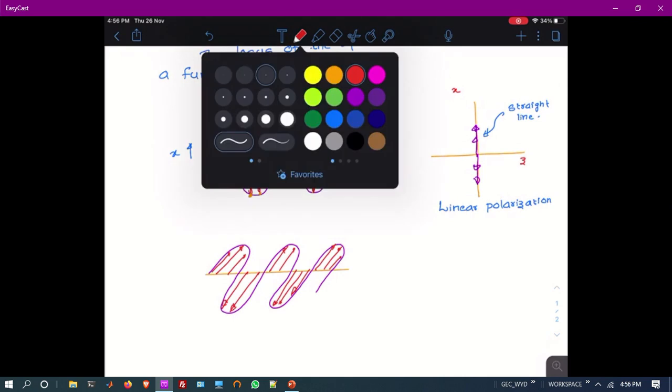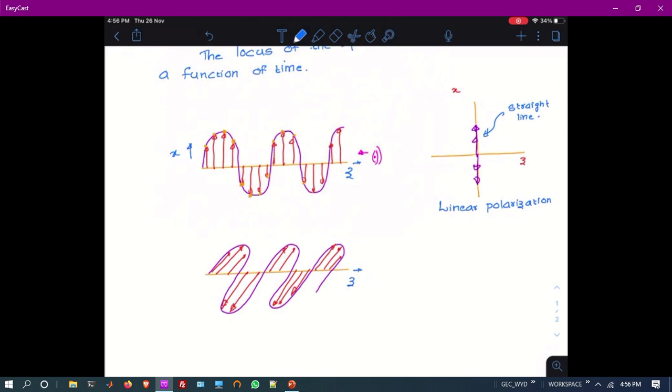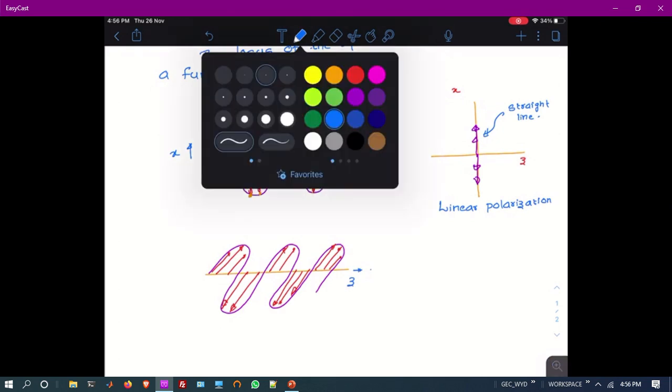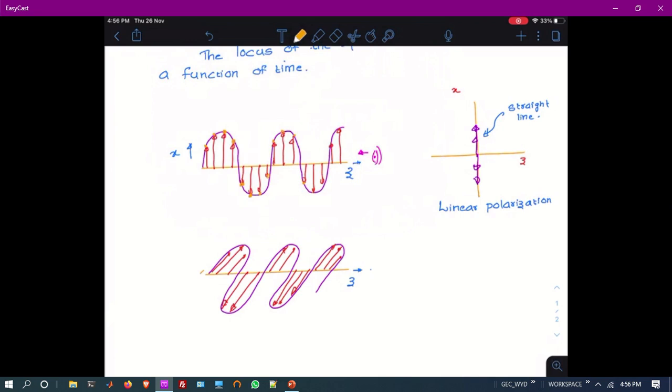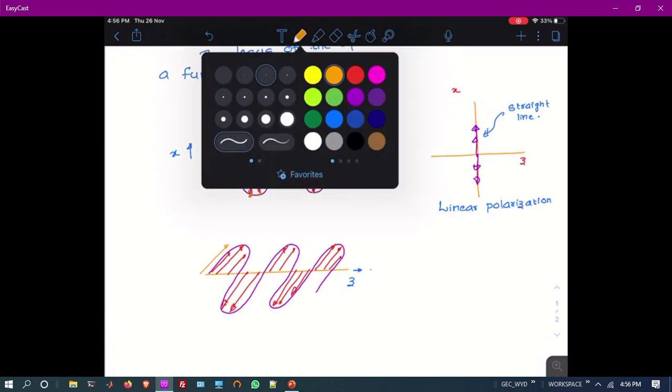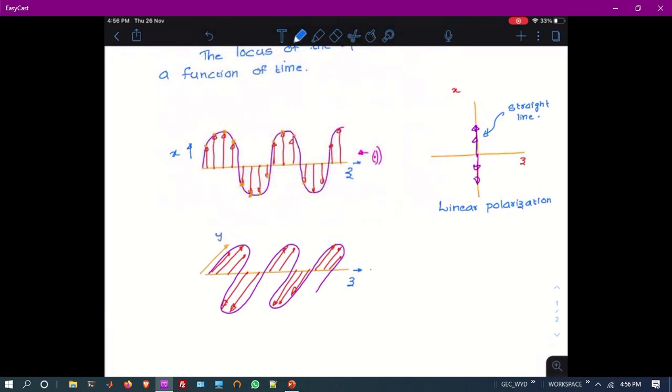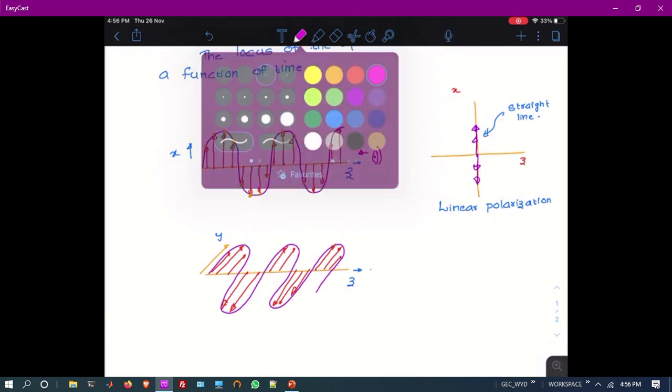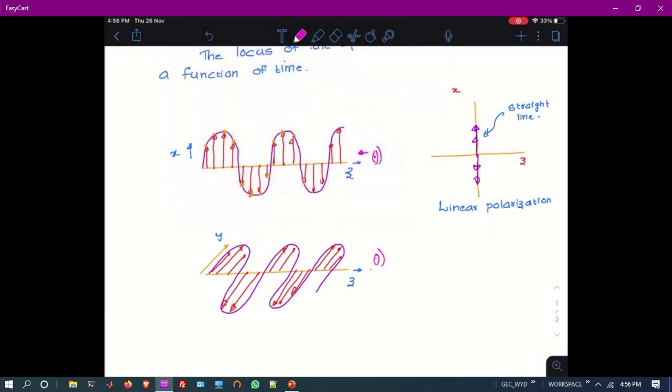Okay, and the direction now is, this is Z, the wave is still traveling in Z direction, and this direction is Y. Okay, so now if you look at it from here, then you see that the variation is still linear, but now it is in Y direction. Okay, now the axes are X and Y.